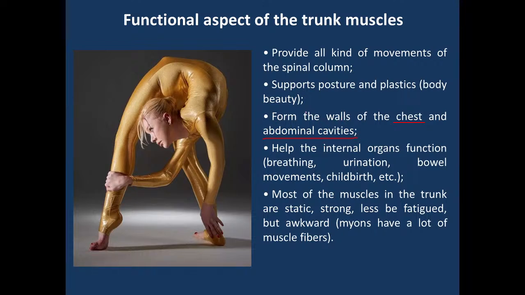When we are talking about walls, we mean that these muscles, along with the bones of the chest, help to protect all internal organs, and it is especially important for the abdominal cavity, because the abdominal cavity has no bone walls from the anterior side, and the trunk abdominal muscles help to protect all internal organs in the abdominal cavity.